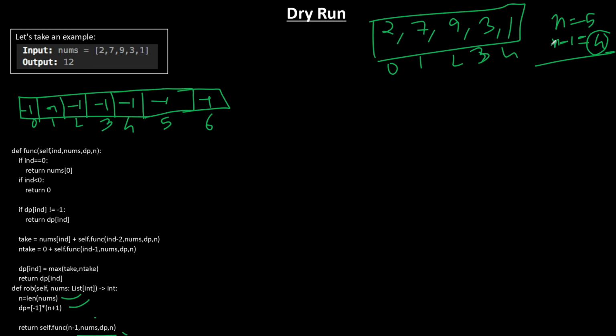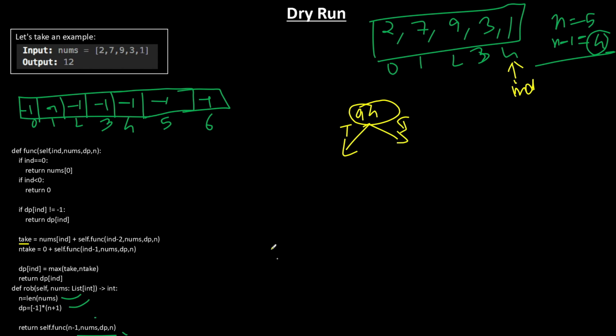We are standing here, and we are taking a decision whether we should take that value or not. Right now, the index is not 0, neither is it less than 0, and dp of index is equal to minus 1. So we will do the take case. Let t be the take case, and this will be the skip case.